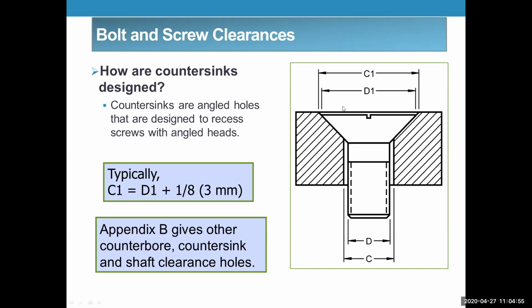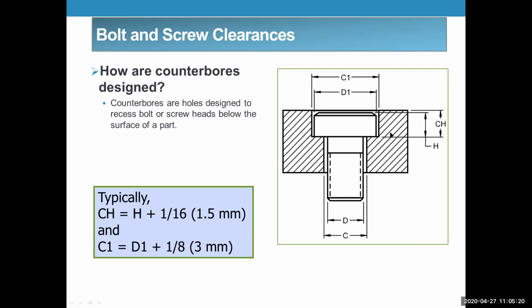So, but I would use this in a case where I'd like to get some positive location out of it without having to use pins. Where the actual location isn't that accurate, but I know that the parts are going to stay together in the same spot. Because if I look at this, and let's say I've got a mating part here with a threaded hole, there is the possibility that the parts could shift within the clearance that I have for the counterbore and the clearance hole, correct?